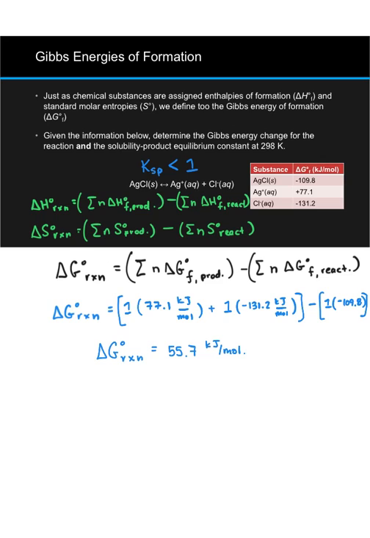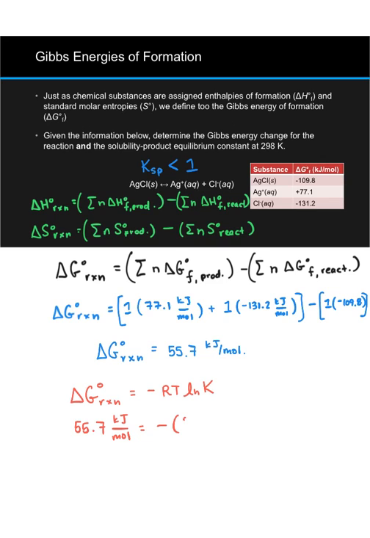And we can calculate the solubility product equilibrium constant, the KSP, for this reaction, given that we know that delta G for a reaction under standard conditions is equal to negative RT times the ln of K. We now have a standard Gibbs energy of reaction, positive 55.7 kilojoules per mole.